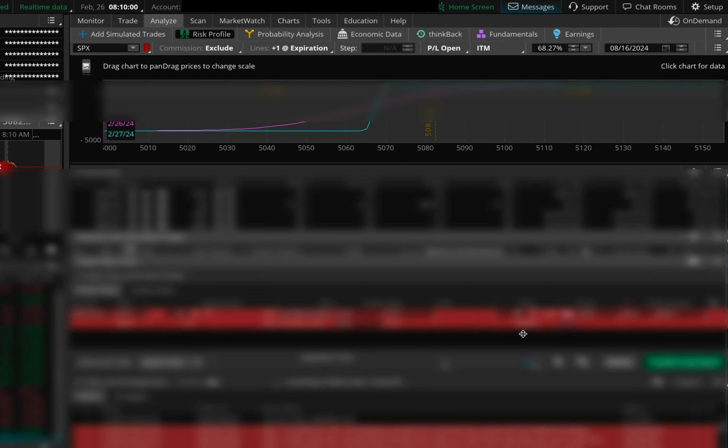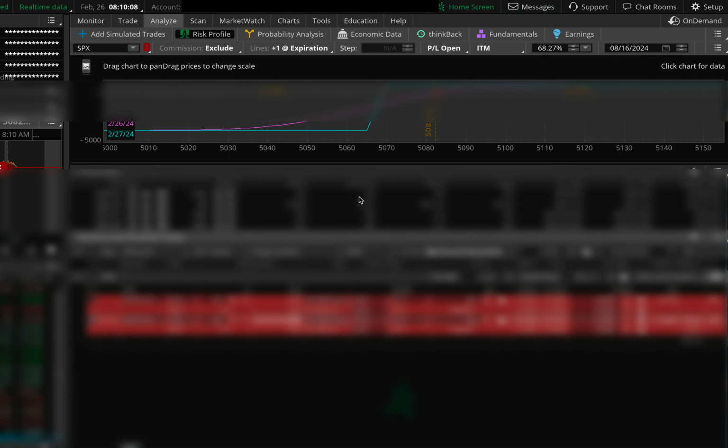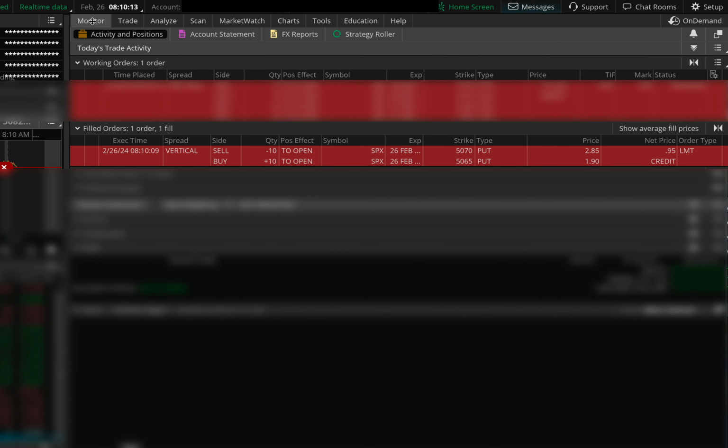I could probably get filled right now at 95. Let's do it. So I'll replace that one. And I heard the chime, so that means we're in. Okay, so we got this one in 10 contracts, selling this 50.70 at 95.